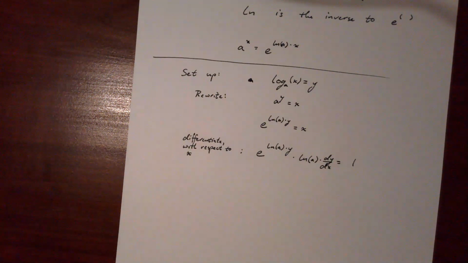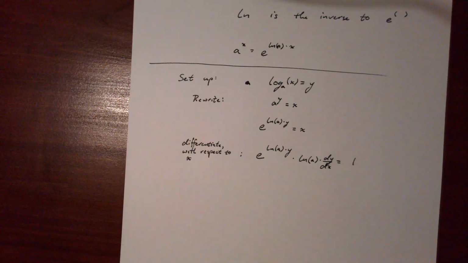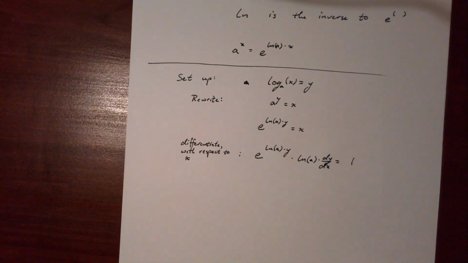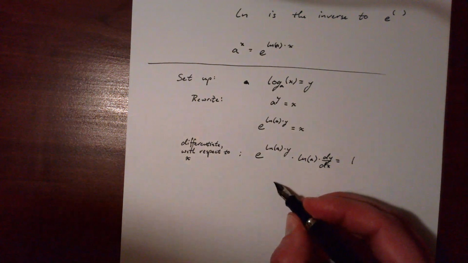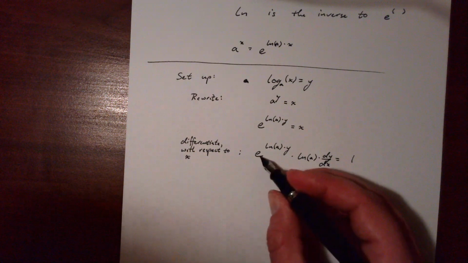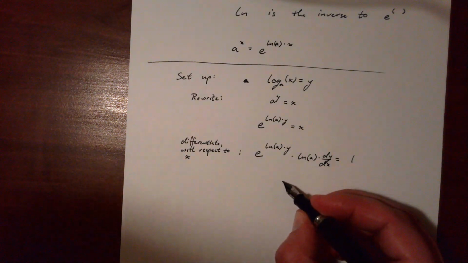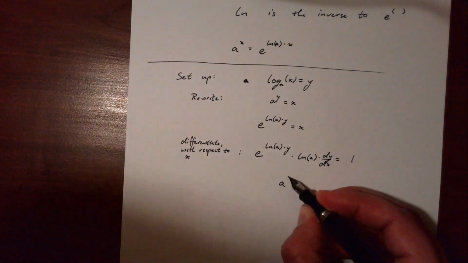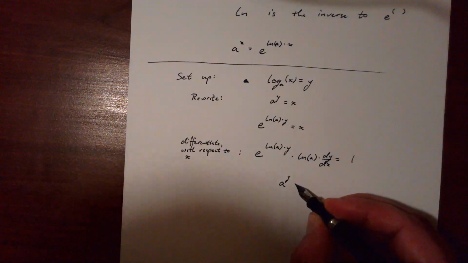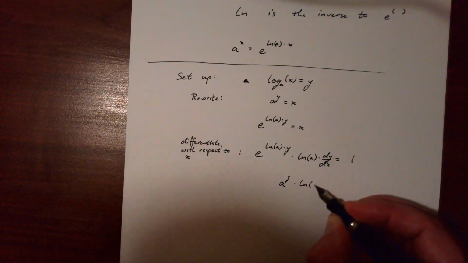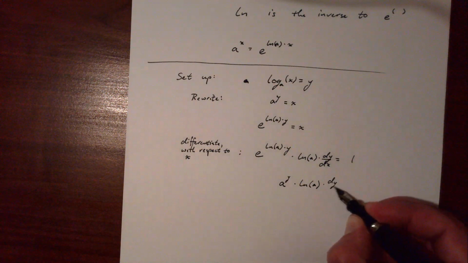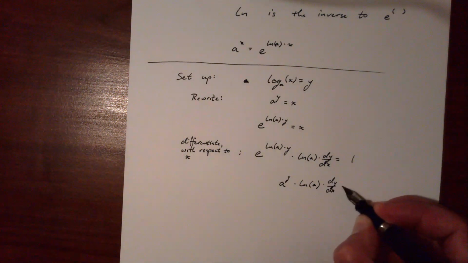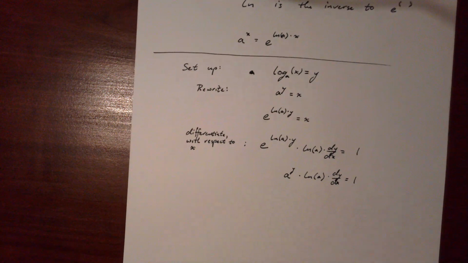On the right side, what do we get? We just get a 1, because we're differentiating with respect to x, so the derivative with respect to x is just 1. But what's this over here? This is just the same thing as a to the y times ln a, and then that's still times dy dx, and that equals 1.